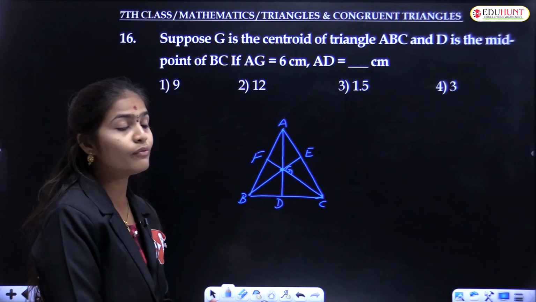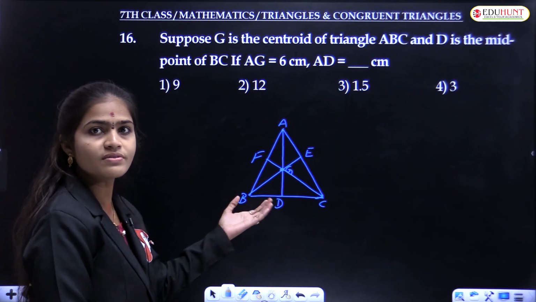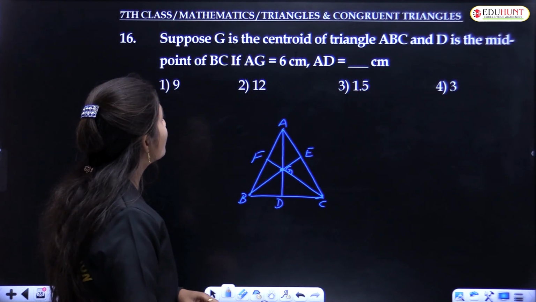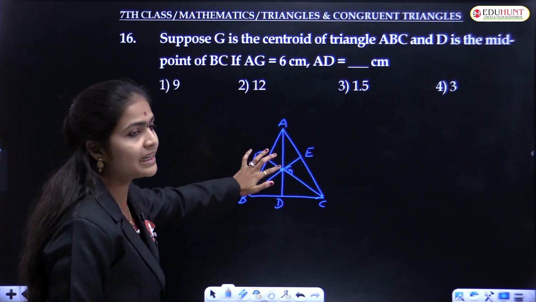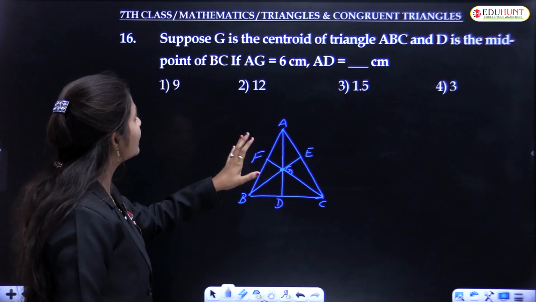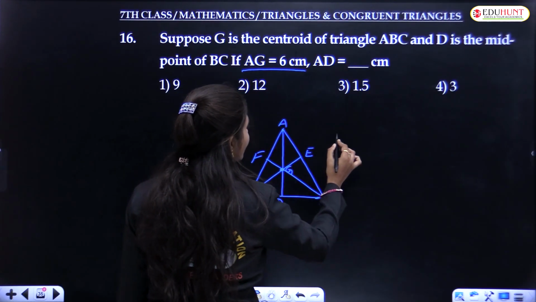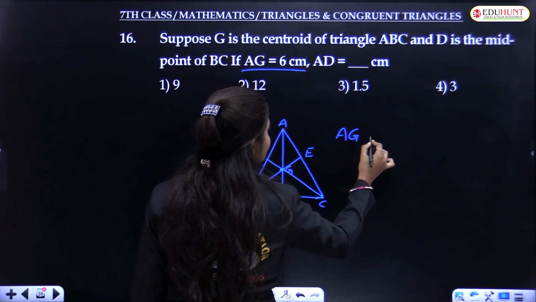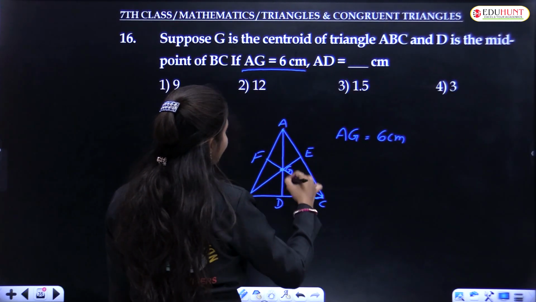First we draw the diagram, we know how to get the centroid. Next, what are they asking in the question? Suppose G is the centroid of a triangle ABC and D is the midpoint of BC. They say that AG is equal to 6 centimeters. Next, AD they are asking.